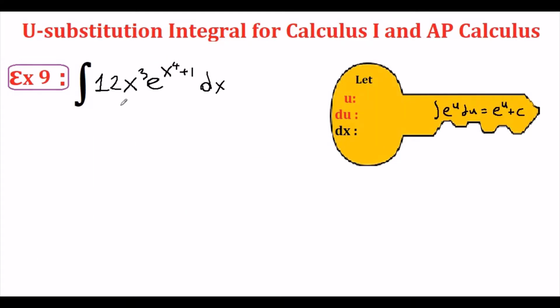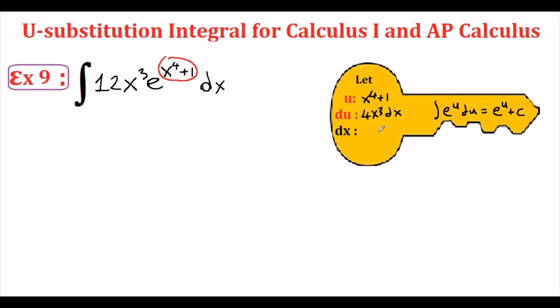Example 9. Integral of 12x to the third times e to the x to the fourth plus 1 dx. Here we're going to call x to the fourth plus 1 our u. If x to the 4 plus 1 is u, then du will be the derivative of this, which is 4x to the third dx.